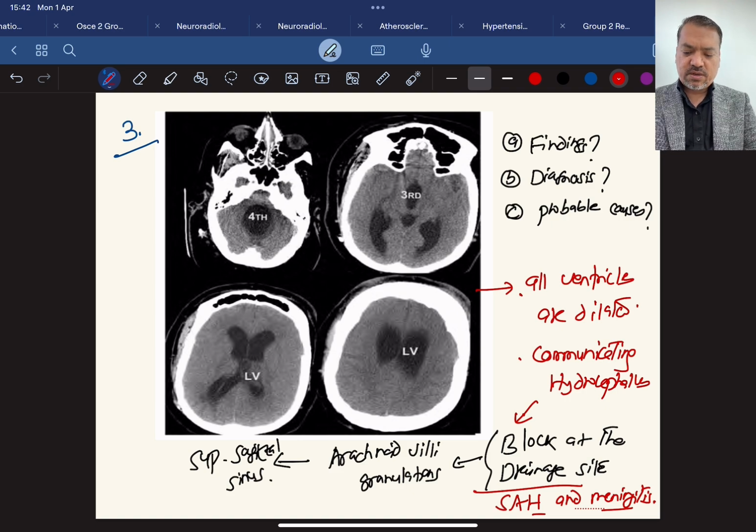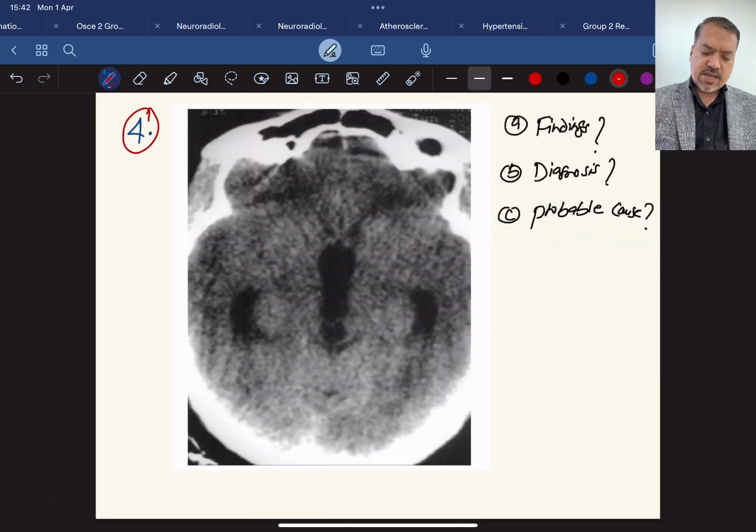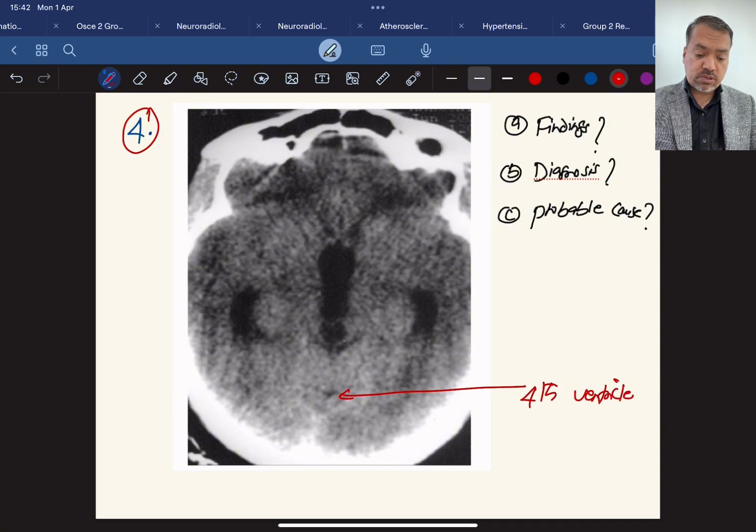Let's move on. Number 4. Again there's a CT scan of the brain. Find out the important findings here. This is the fourth ventricle. The fourth ventricle is collapsed, smaller than normal. These are the lateral ventricles, and this is the third ventricle.